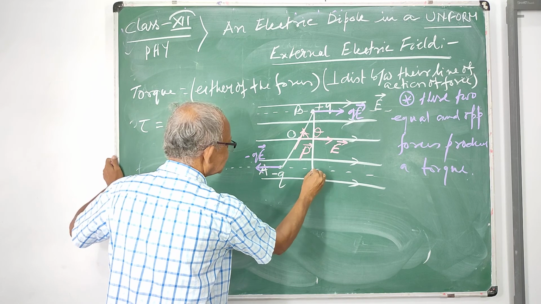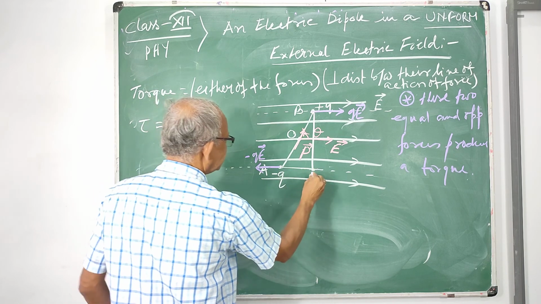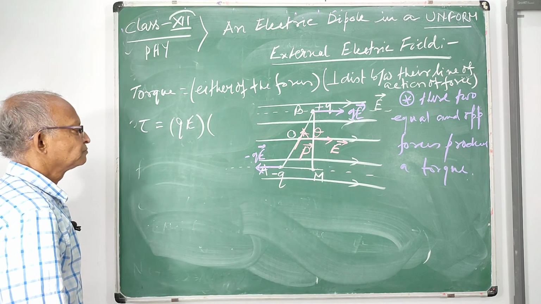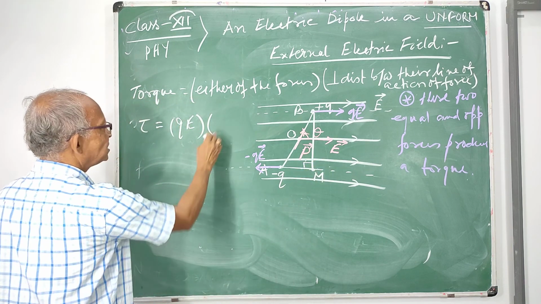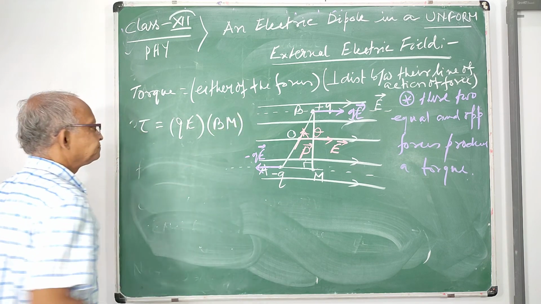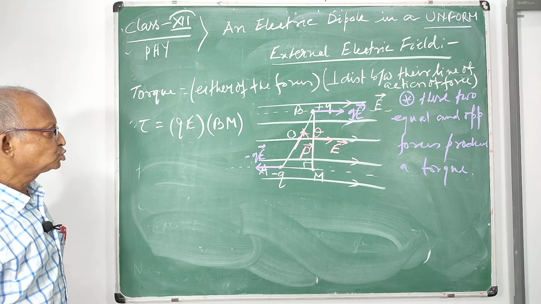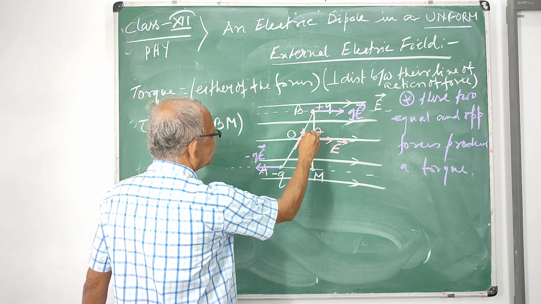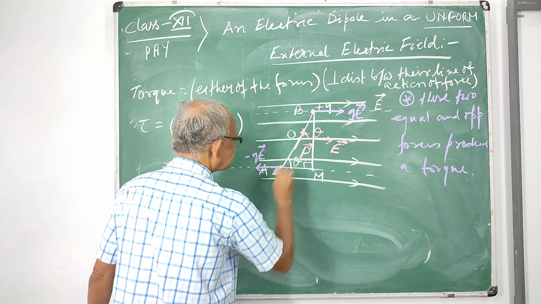If I consider this AB, if I consider M, so this is perpendicular, then what should we write here? BM. Okay? So QE into BM. Now, if this angle is theta, then this angle is also theta.